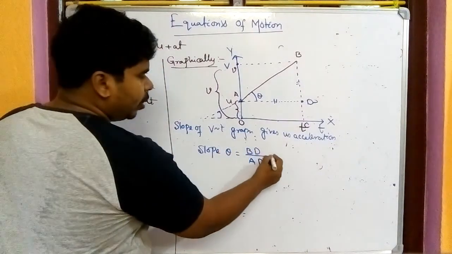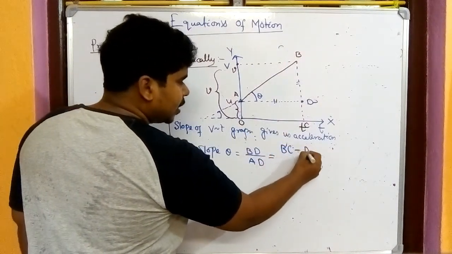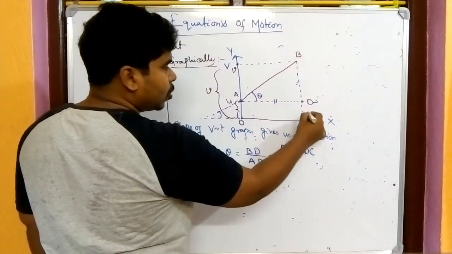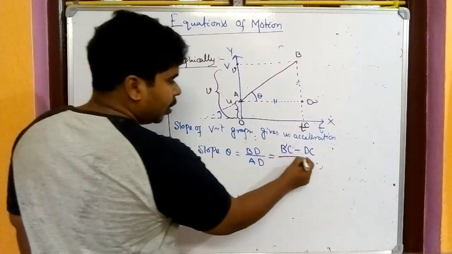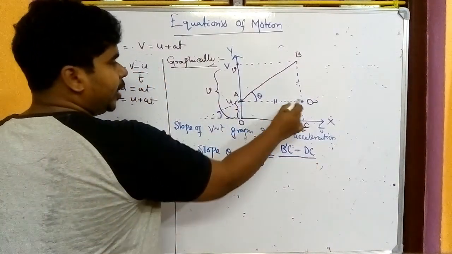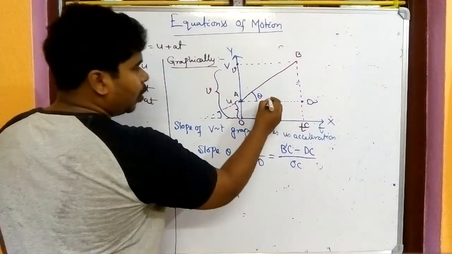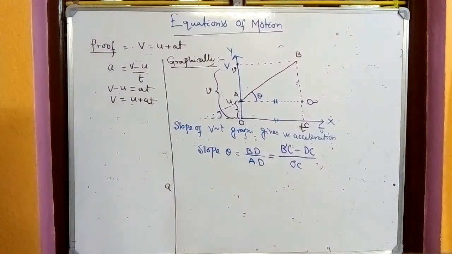Instead of BD, can we write BC minus DC? This total minus this one will also give BD. Instead of AD we can write OC, because AD and OC are the same and parallel to each other.